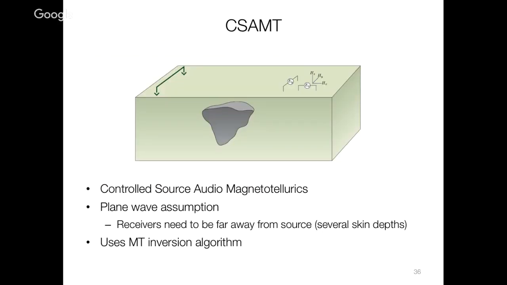Here's CSAMT. We've got a transmitter sitting out here. We're measuring electric and magnetic fields, and the receivers need to be at least several skin depths away. So that's what we mean by far field. Far field means that you're away from the transmitter, but your distance depends upon how many skin depths. If you're 5 skin depths away, you're in the far field.